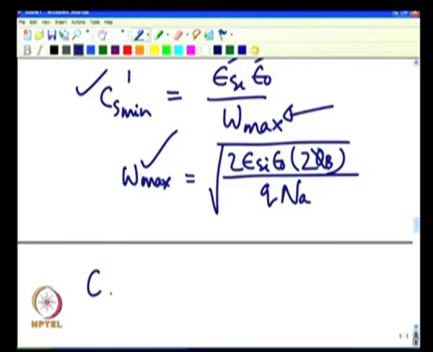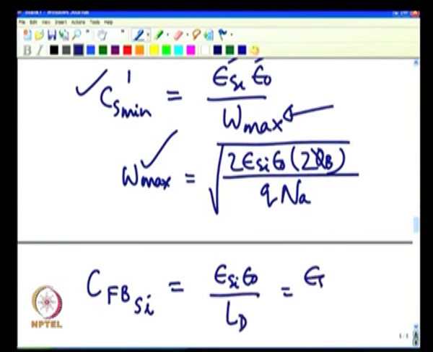As soon as you get this doping concentration, I can extract what is flat band capacitance. First of all, flat band capacitance in silicon, because flat band capacitance in silicon as you know is epsilon silicon epsilon naught by Debye length LD, or sometimes this is also referred to as lambda d.